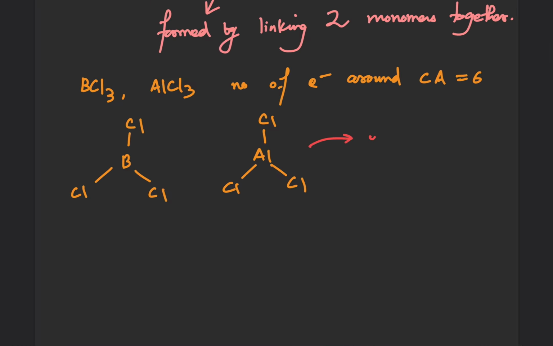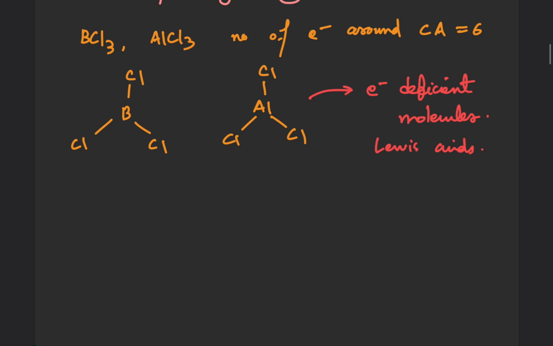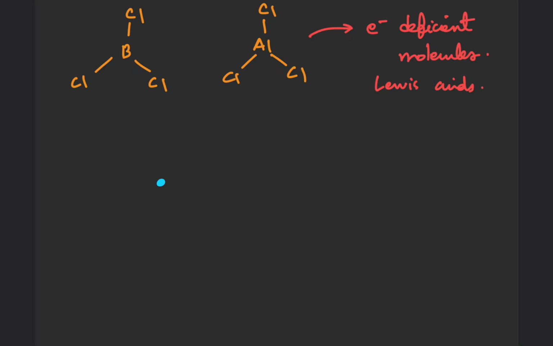So these guys are electron deficient molecules. They are also known as Lewis acids. Okay, obviously because their octet is not complete. Okay, but only aluminium halides, for example this guy, exist as dimers. That is with respect to the diagram. So giving the small aluminium as blue color and the bigger chlorine as green color.